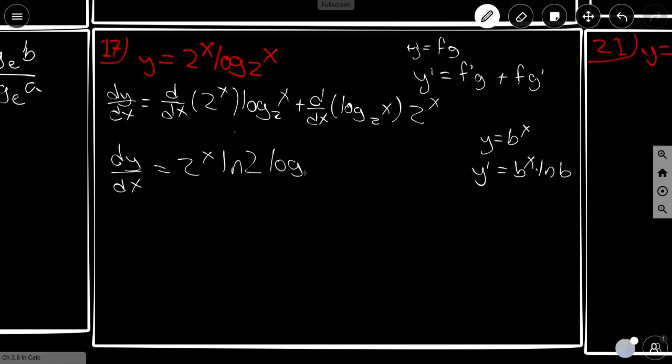Then this is the first term, log 2 of x, plus the derivative of log 2 of x, which is 1 over x ln 2.